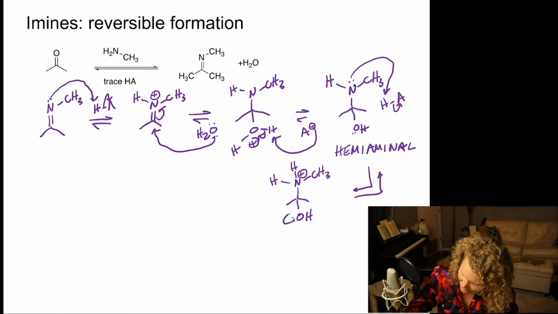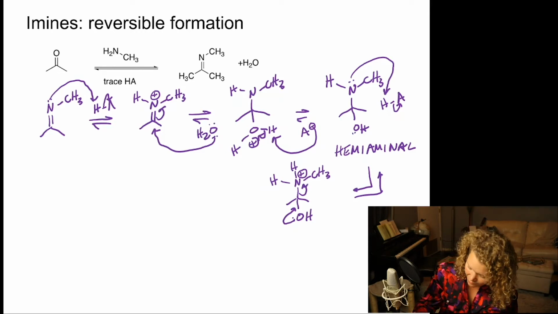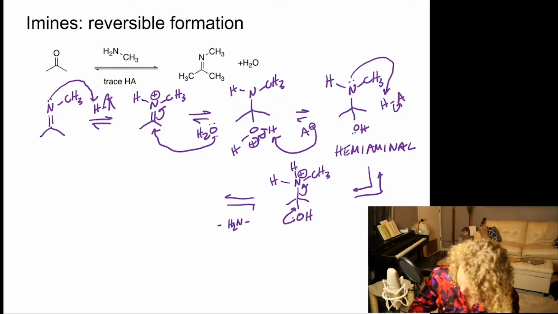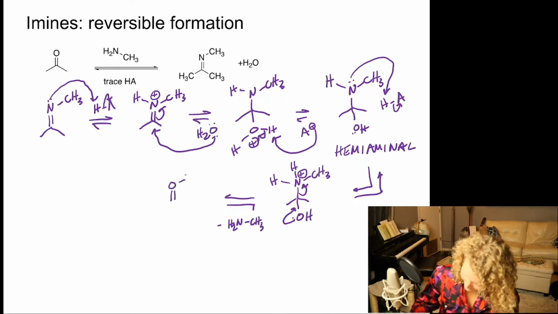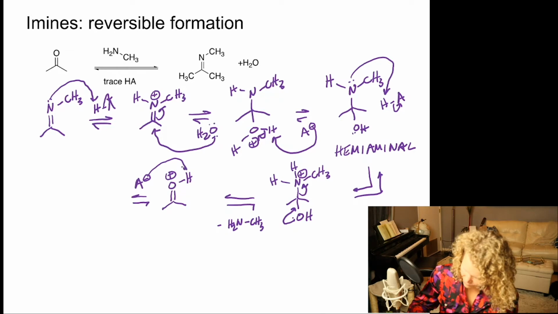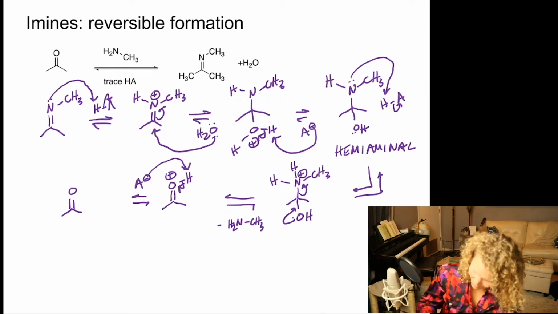I'm going to push the lone pair on this oxygen down, and then we're going to kick out this amine. We have our protonated carbonyl, and we can simply deprotonate this using that conjugate base from our starting acid. And then here we have our carbonyl back.